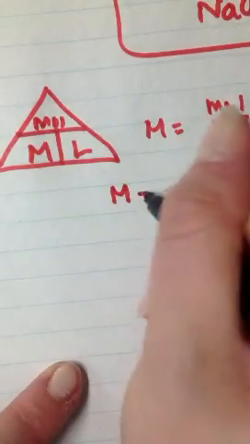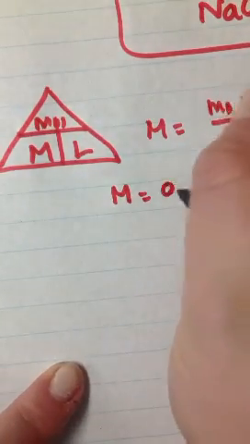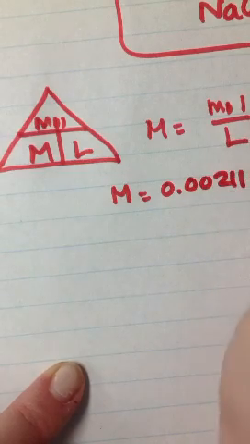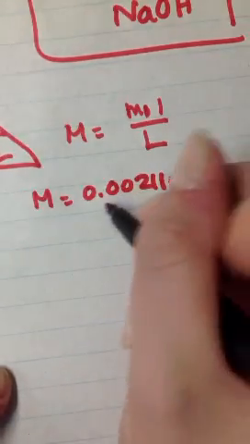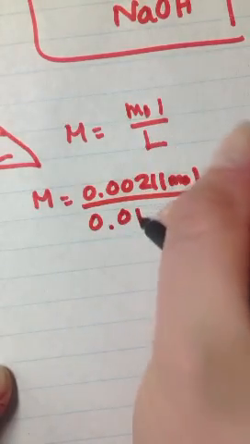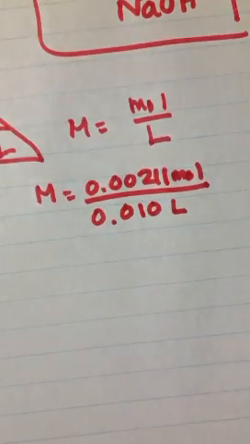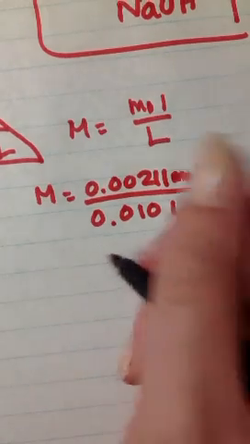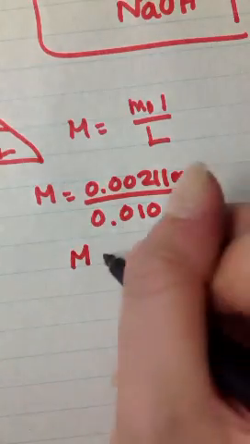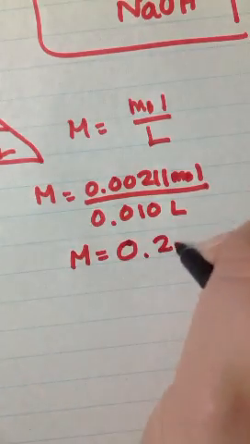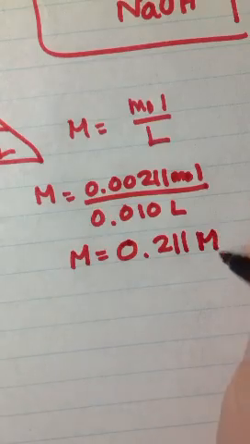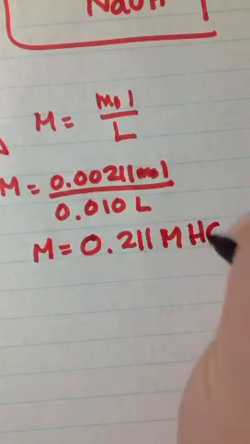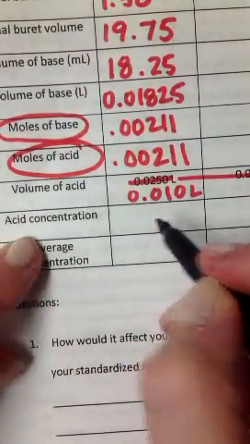So molarity equals my moles, 0.00211 moles divided by my liters, 0.010 liters. And I put that in my calculator, and I get a molarity of the acid to be 0.211 molar HCl. And so that's what I would put in my acid concentration.